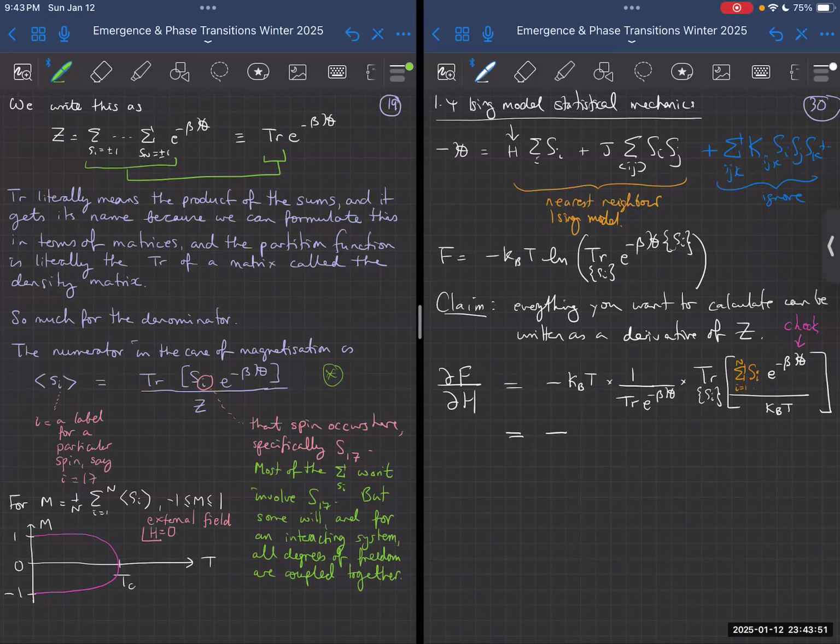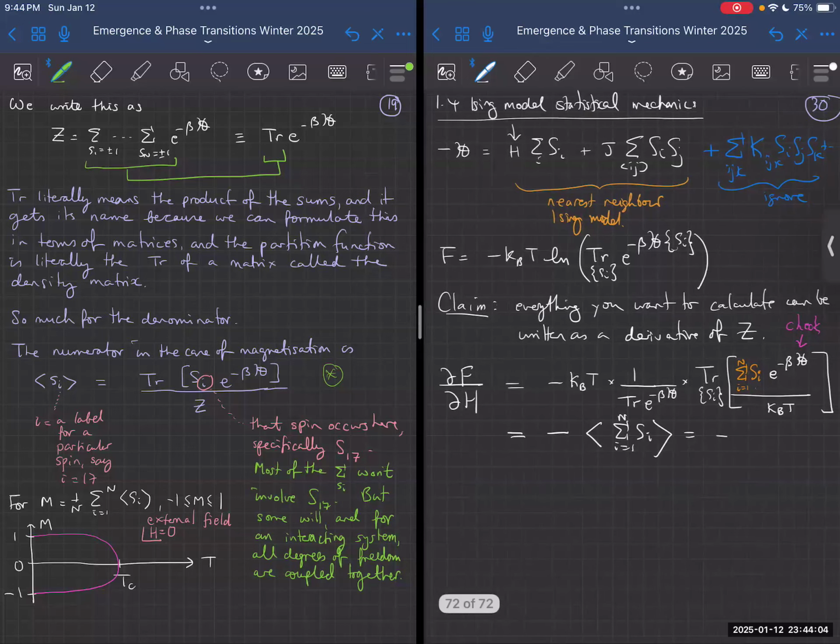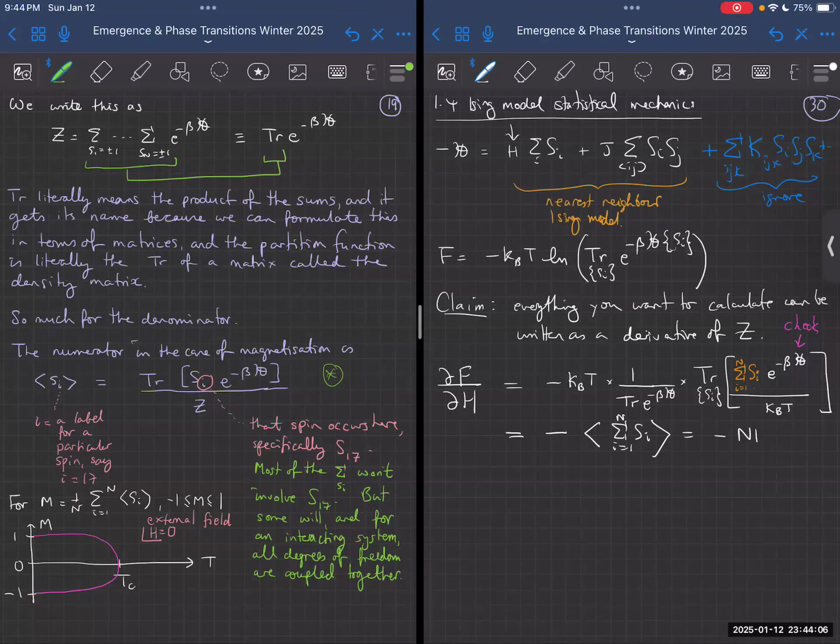So this is minus the expectation value of the sum from i equals 1 to n of Si. And that, of course, is just the magnetization times n. And so now what I have is that m is equal to minus 1 over n dF by dh.